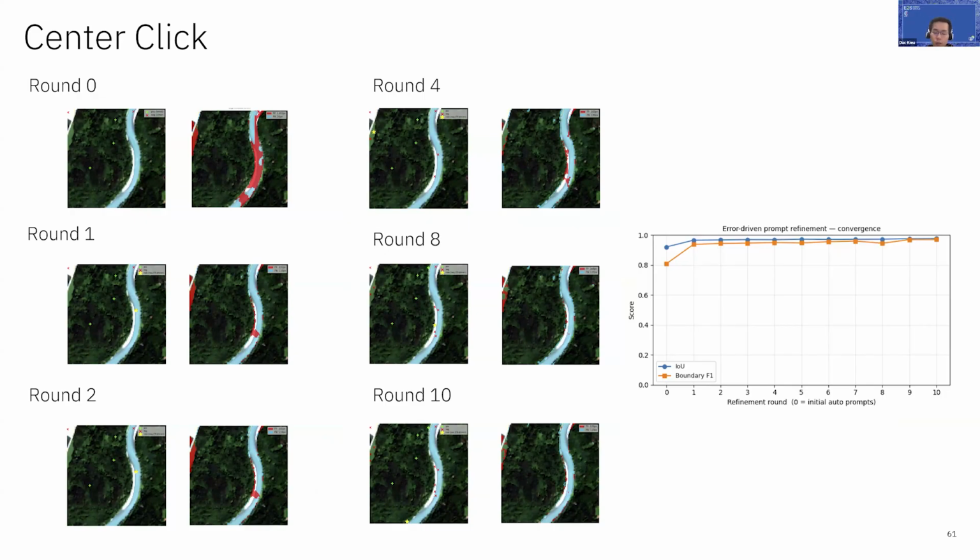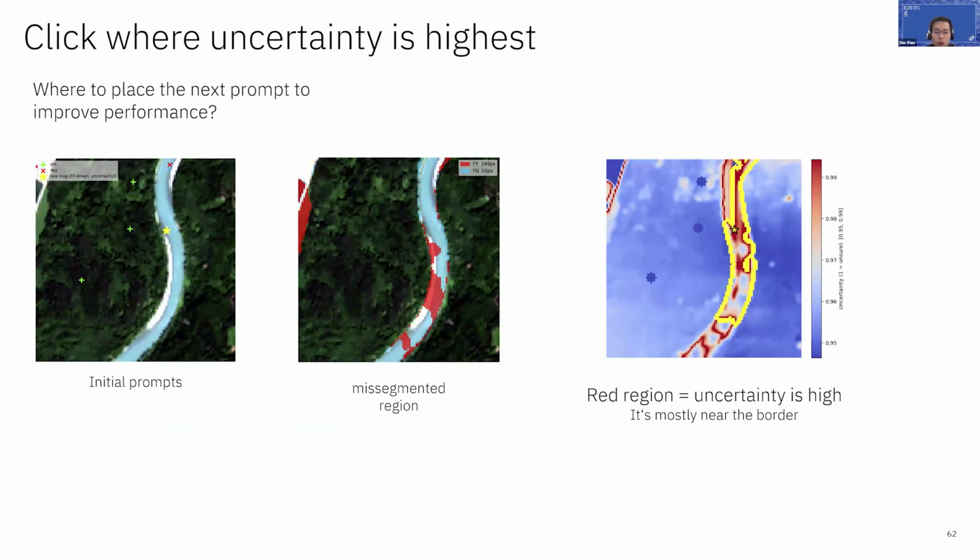But if you look at other patches in the data set, you can see that it gradually increased based on the prompts that you provide. So that's one way how to do it, where we provide the center click in the missegmented region.